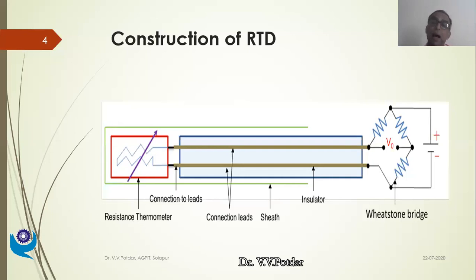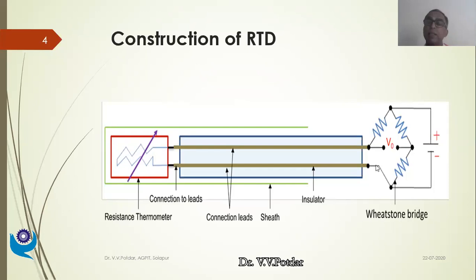So whatever delta RT I have will cause imbalance in the Wheatstone bridge, and that imbalance leads to some output voltage. If the bridge is balanced, that is, calibrated at ambient temperature with all the resistances the same, then I don't have any output voltage. Now when this is subjected to higher temperature values, with increase of temperature, the resistance increases.